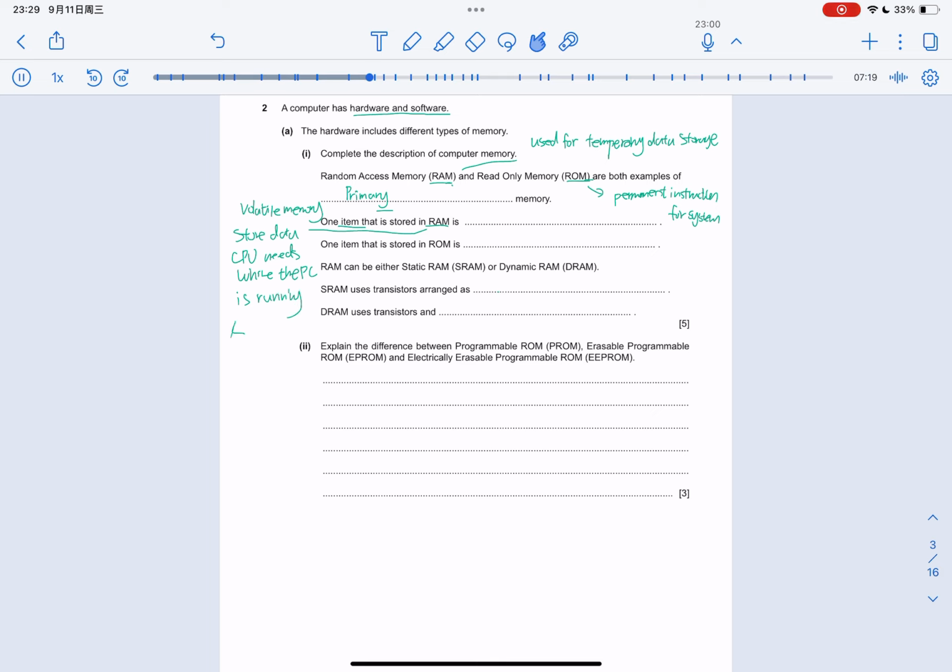So when the power is turned off, the data in RAM will be lost. So it can only keep the data that is running. So the answer is the current running software or data.